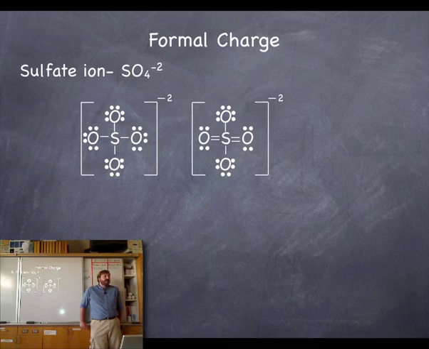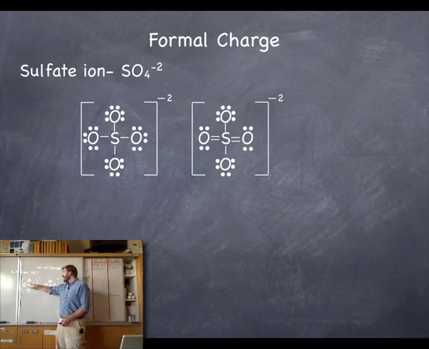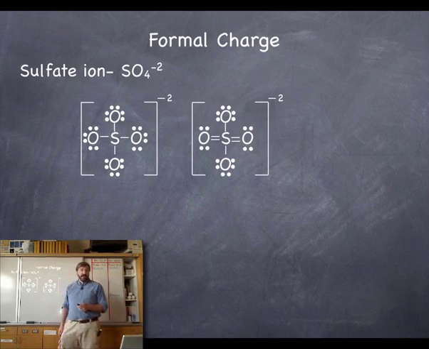So to do that, we're going to look at each atom and count up how many electrons I have assigned to that atom in my structure versus how many valence electrons it normally has. To do this formal charge counting, each bond counts as 1 electron for each atom. It's like we're splitting it back apart. Okay?